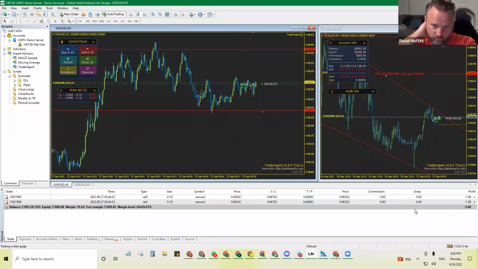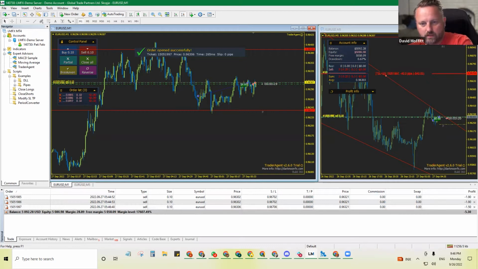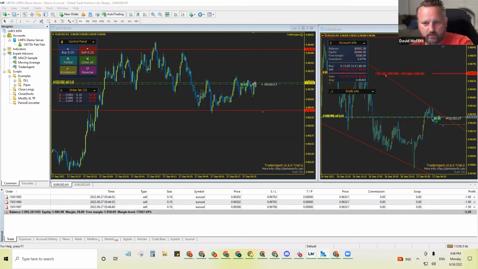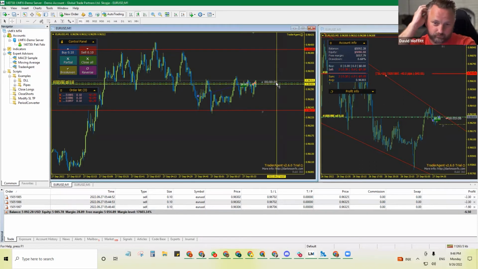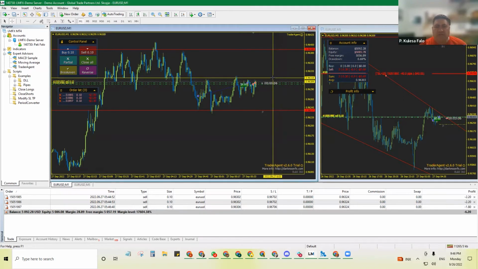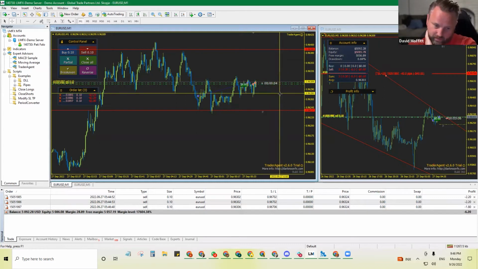Go ahead and put another one on. Another sell? Yep. And then if it bounces up, get ready. If it goes up, go ahead and throw another one on. This is our decision point. Where's our decision point? Up here, probably around here. No, our take profit.